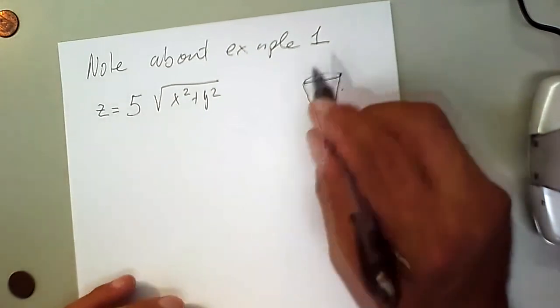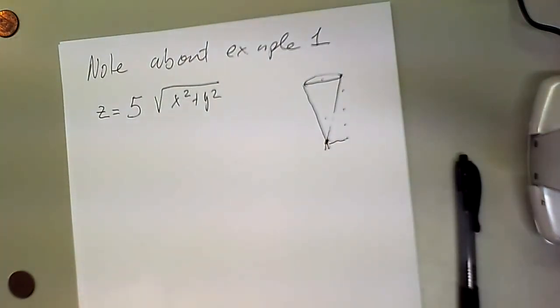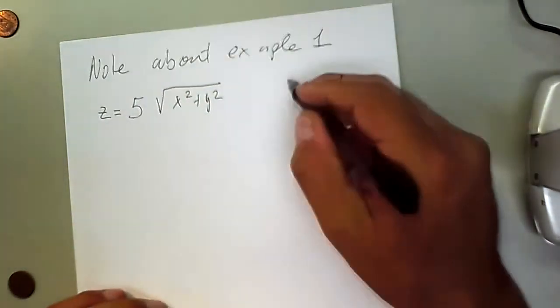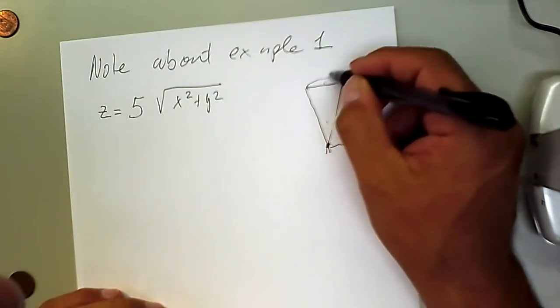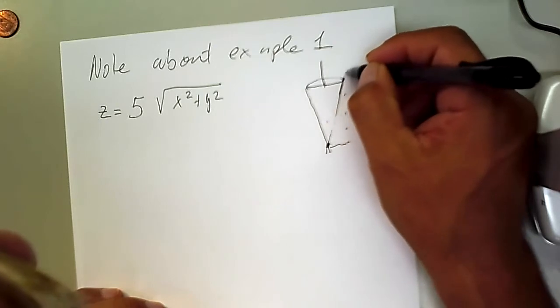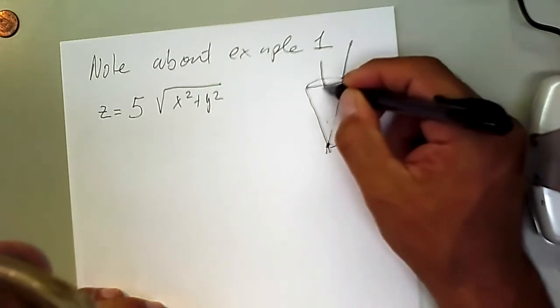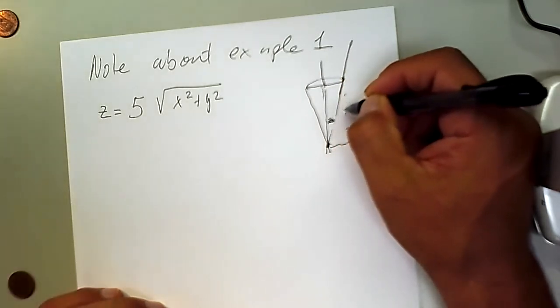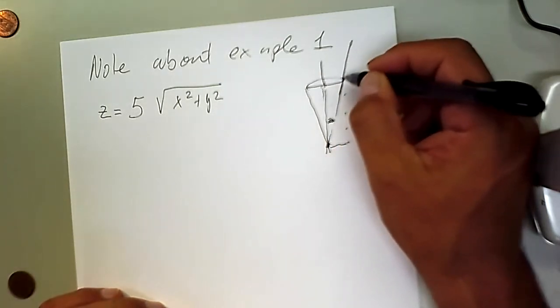So then how do we go about changing the angle? We don't have a nice pi over 4 angle as we did in the previous example. So the question is, if you change this into spherical coordinates, you've got to deal with this angle. And how do I know the angle?